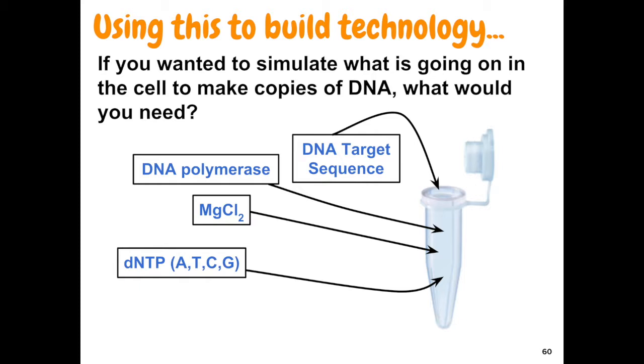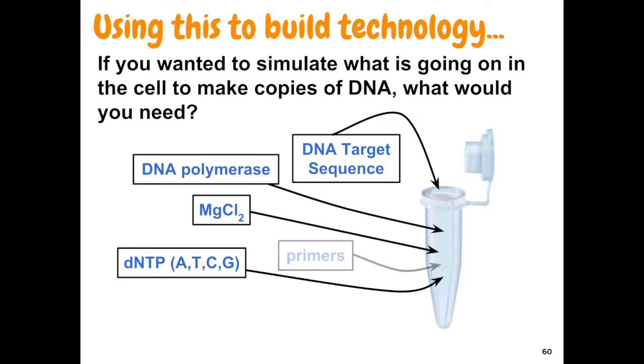That's added because the Mg2+ ions act as a cofactor for DNA polymerase. In order for DNA polymerase to polymerize the nucleotides, it needs magnesium. It comes into the active site and it allows for the phosphate groups to be cleaved off and binds those negatively charged phosphate groups.